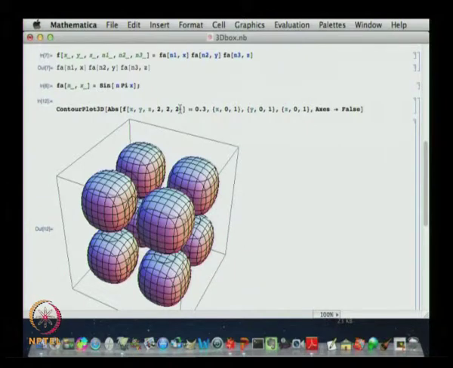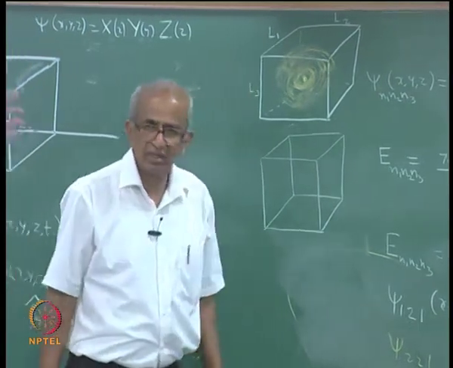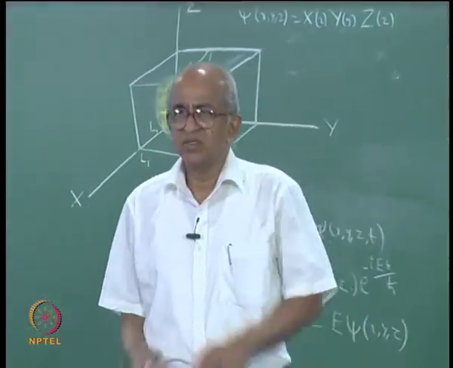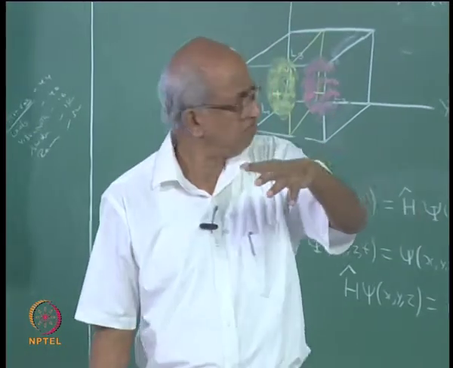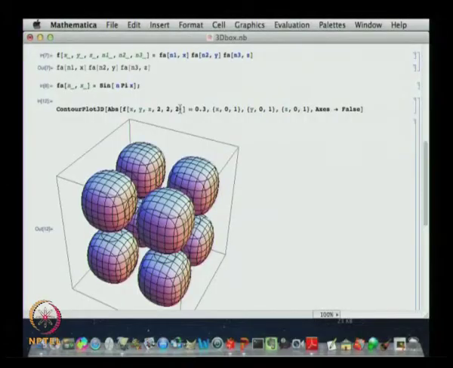This box I have assumed that all the sides are equal, but now suppose I say the length of the box in the z direction is increased a little bit. Then what will happen to your expression for energy?